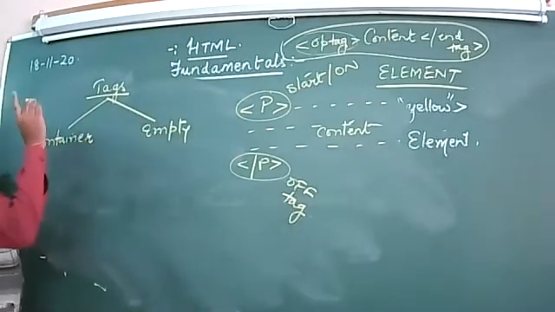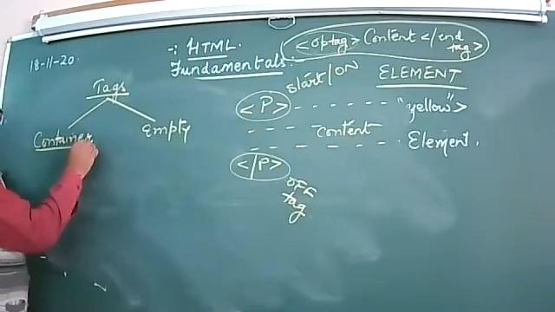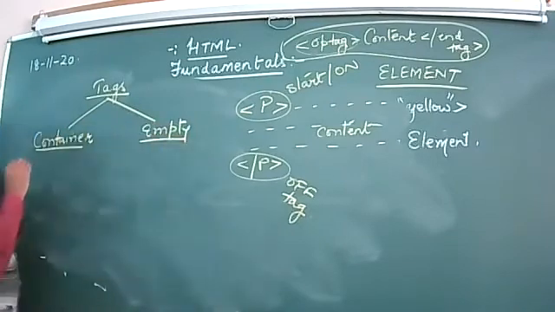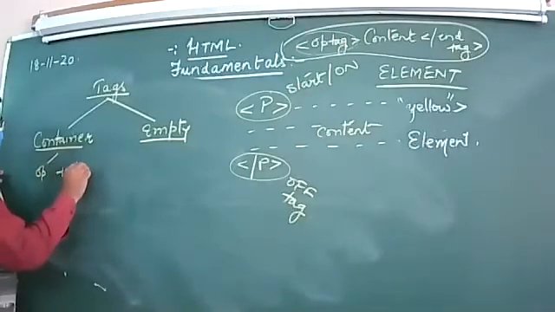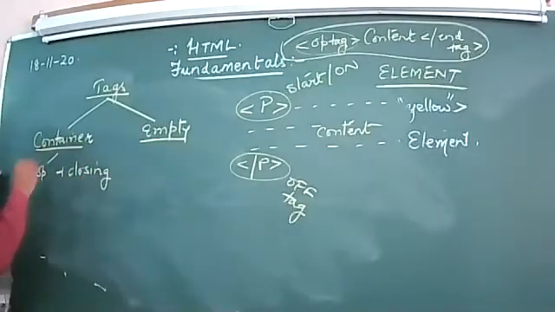So tags are of two types: container tags and empty tags. Container tags are those tags that have both an opening and a closing tag. All the structural tags, all the basic tags are container tags, right?